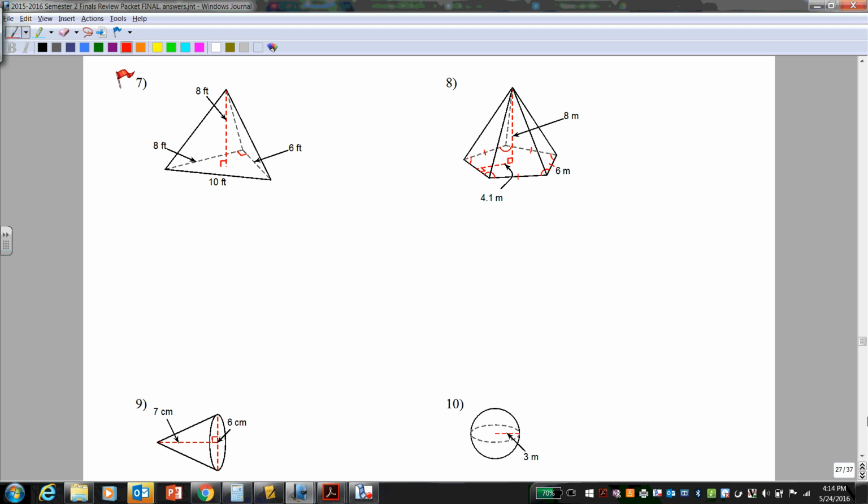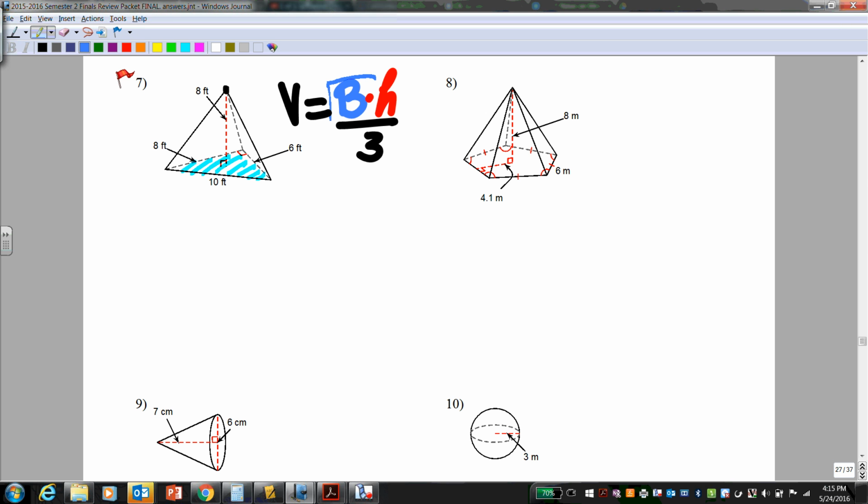Number 7. Now notice number 7 comes to a point. And anything that comes to a point, we're going to do volume equals base times height over 3. So once again, your base always means area of the base, so we shade it.